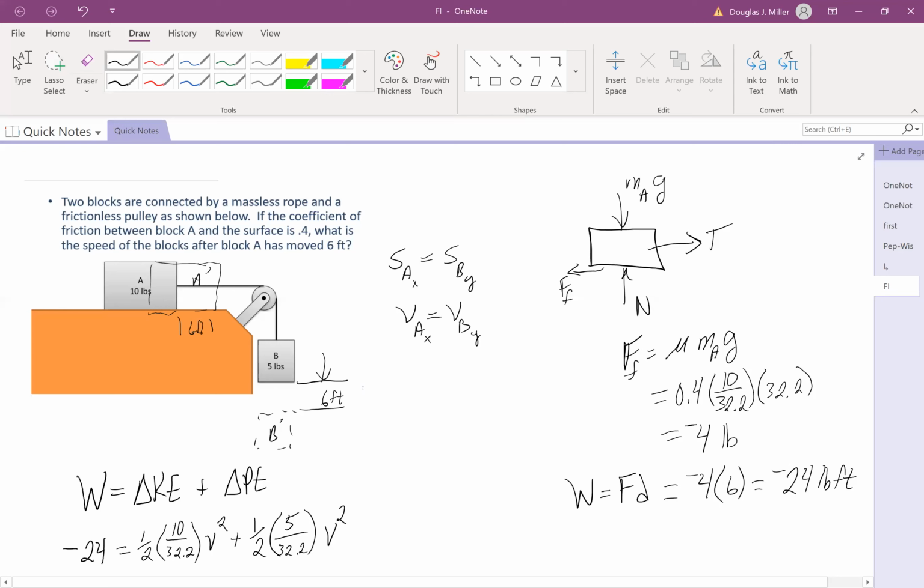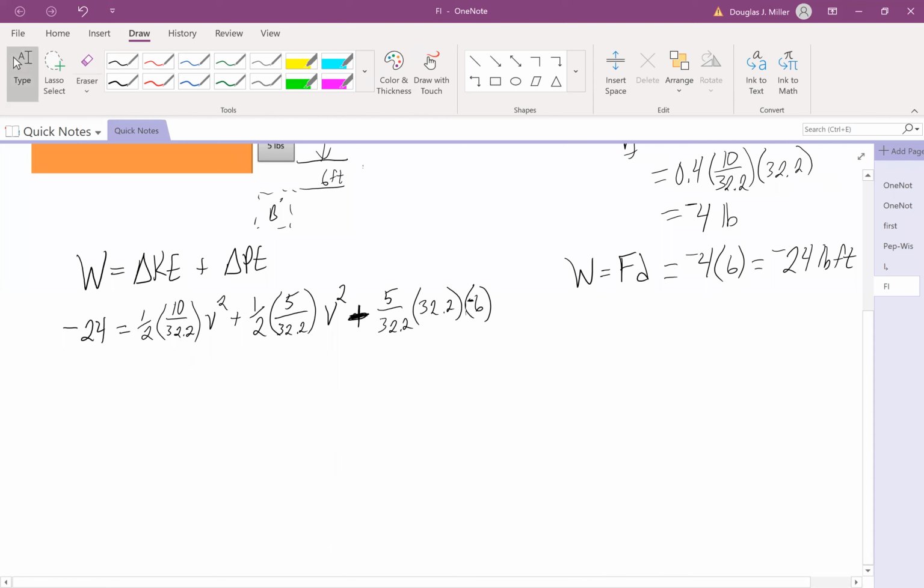So what we have, A hasn't changed in height, but B has dropped, which means we have a mass of B, which is 5 over 32.2, multiplied by gravity, 32.2, multiplied by the change in height, which is 6 feet. I'm going to switch this to listing this as a positive because here is where I want to acknowledge the change in height is a drop, and that's where the negative sign actually comes into play for our calculation.